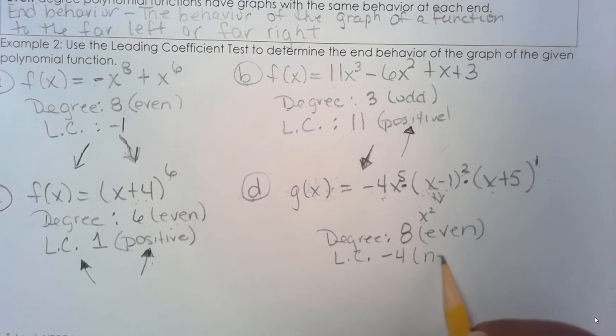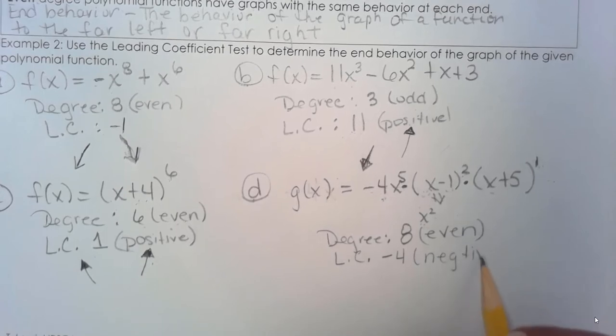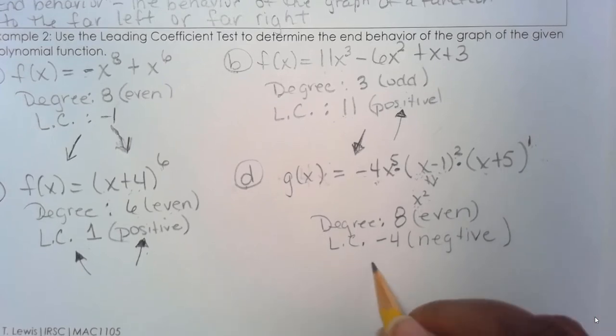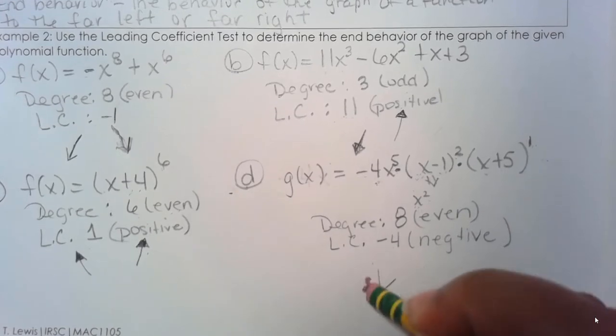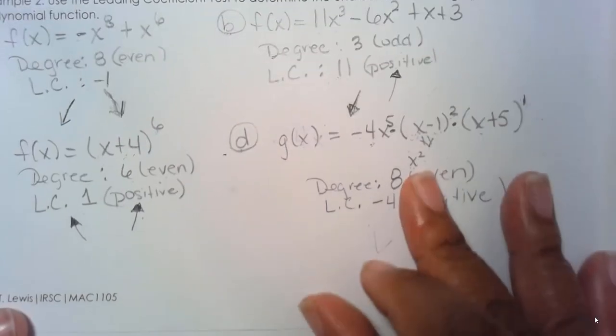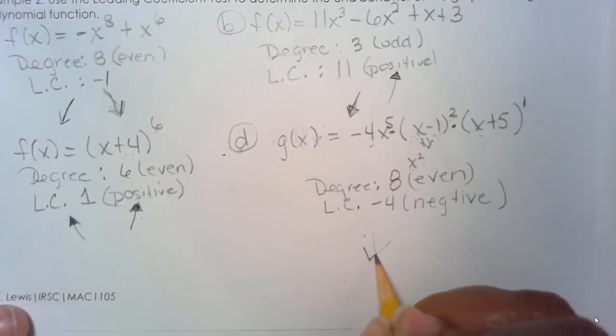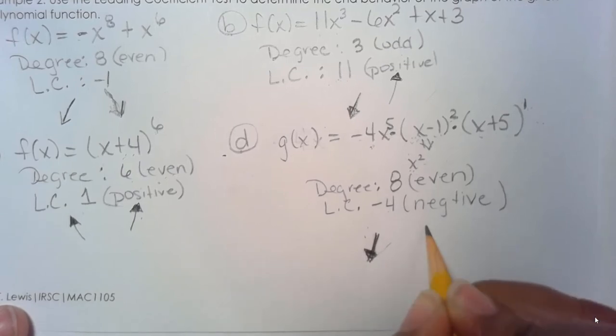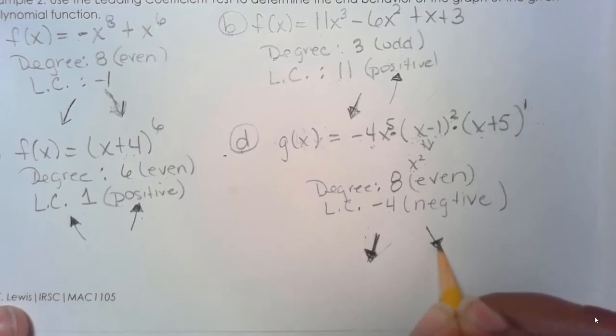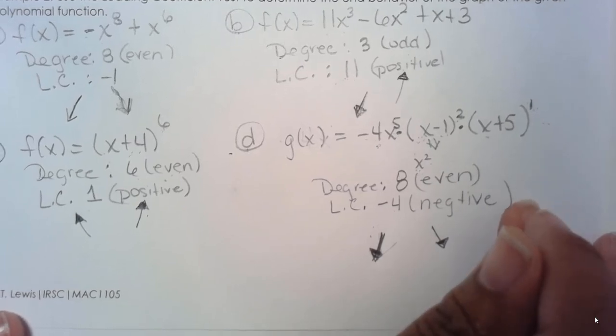And this being negative, our end behaviors are going to be going downward. Left end behavior is facing downward. The right end behavior is facing downward.